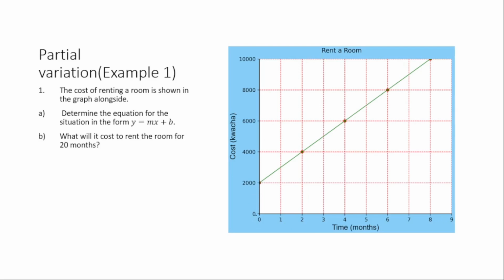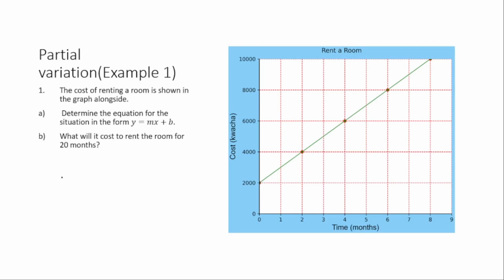We have been given the cost of renting a room in relation to the time you take, in months, to be in that room. So what are they asking us to do? Part A says determine the equation for the situation in the form y is equal to mx plus b.